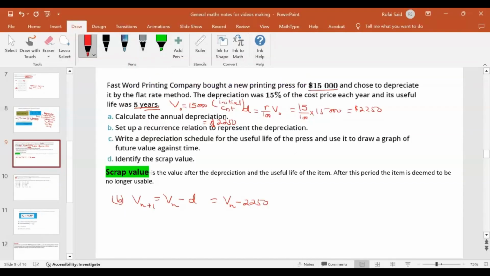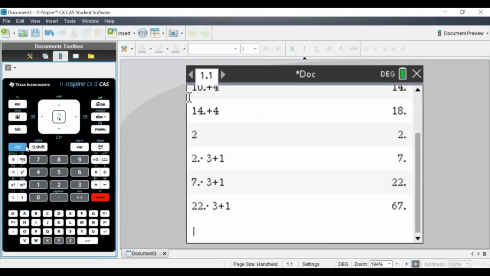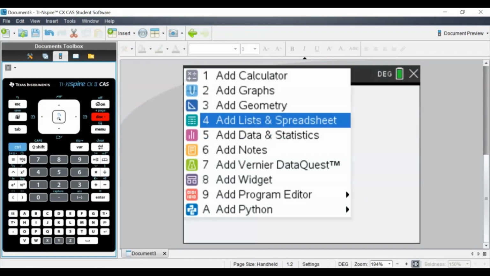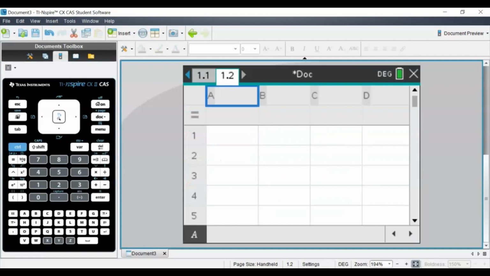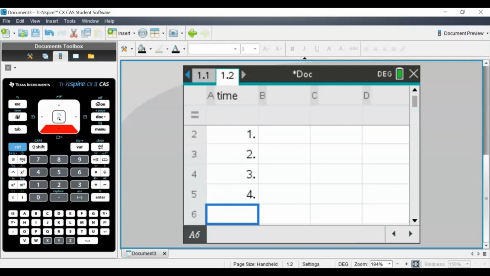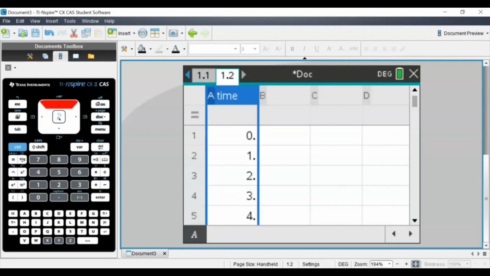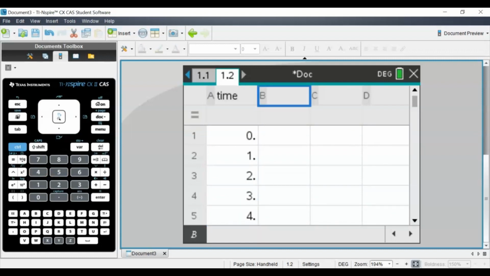So back to the calculator. Press Control Doc. Go to the spreadsheet and put here the time. Remember the time is 5 years, so that's going to be 1, 2, 3, 4, 5 years. The initial cost was 15,000, and we're going to call this column the future value.